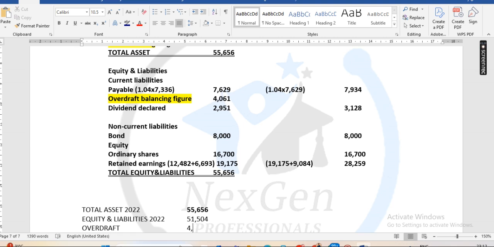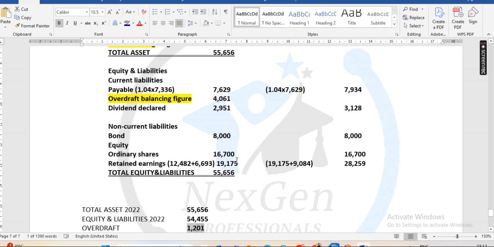The equity and liability is actually 54,455. I don't know if I'm calculating it wrongly. Please, someone should confirm this figure, so we can go. Are we good? What is the difference? 1201. Okay.